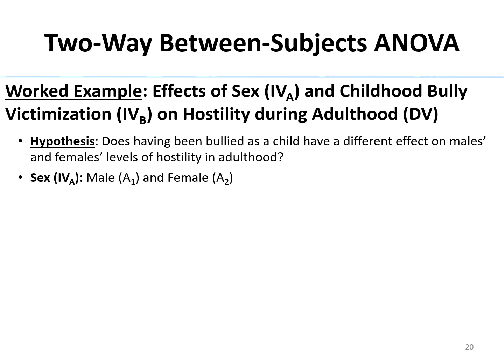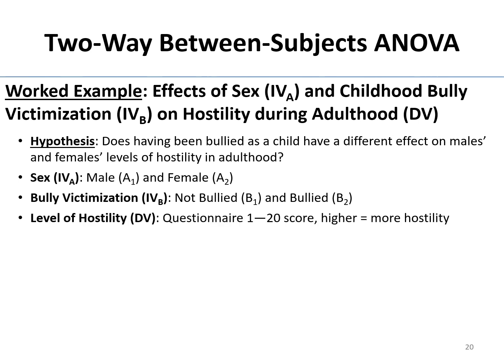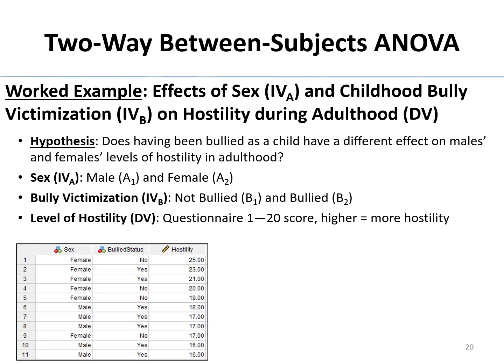So again, we went over this. You've got sex as your first independent variable, 2 levels, male, female. Then you've got bully victimization, 2 levels, bullied, not bullied. Your dependent variable is level of hostility as measured by a questionnaire you had people fill out. It's got some range, but with higher scores, they're more hostile as adults. There's the data setup.